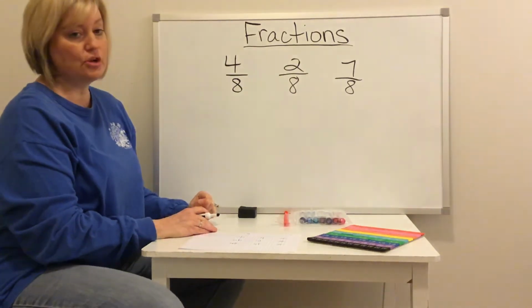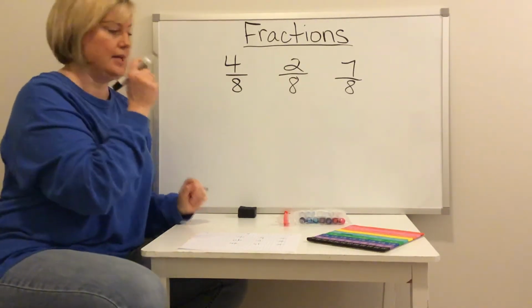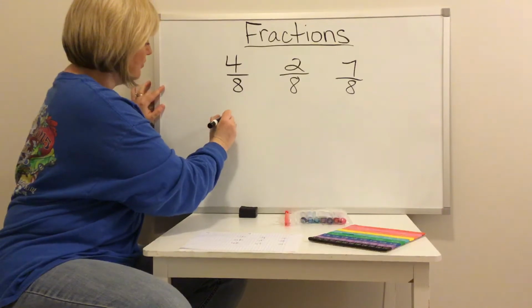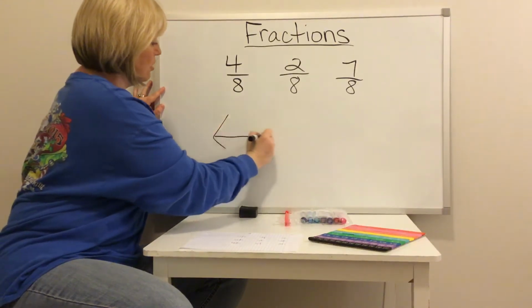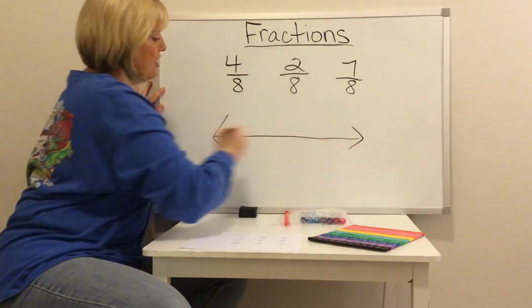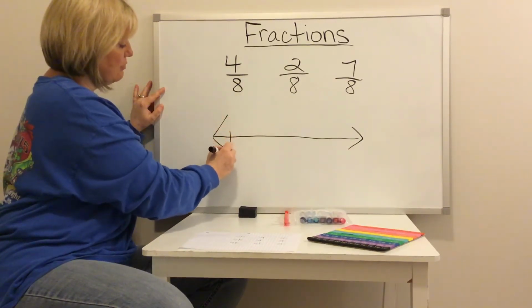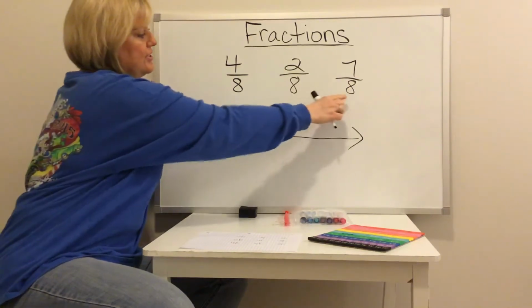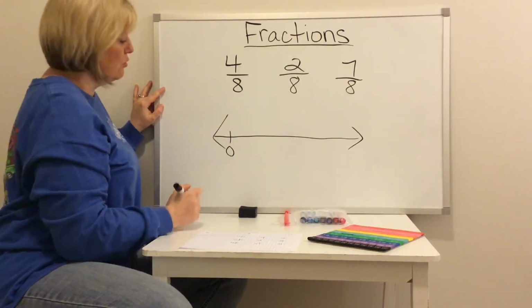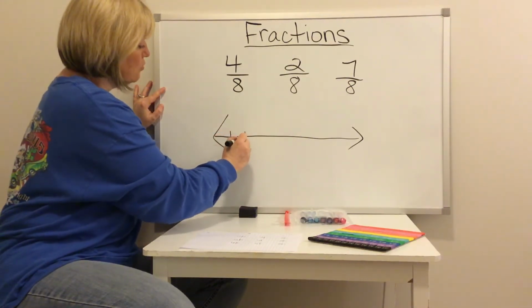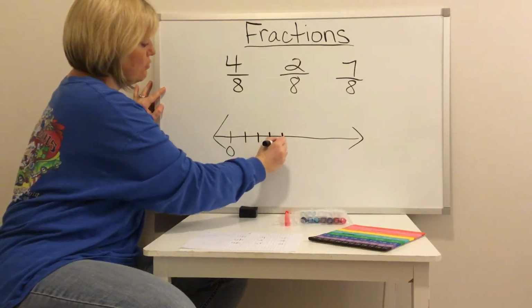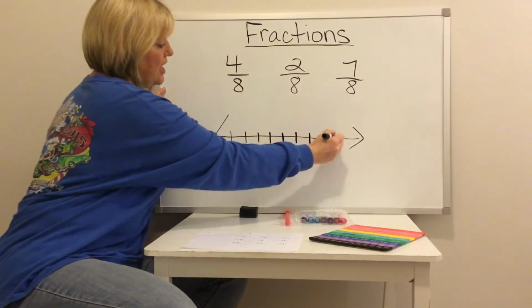All right, you can also use your number line, like we've looked at before. Okay, if we put these fractions on a number line, remember that we're going to start our number line with 0, and then since our denominator is 8, we're going to go up 8, 1, 2, 3, 4, 5, 6, 7, 8.